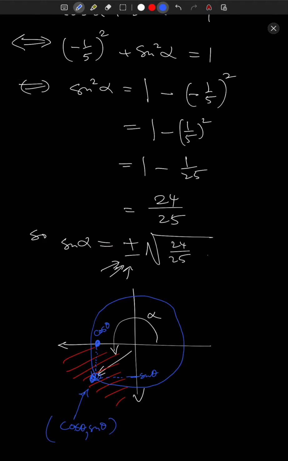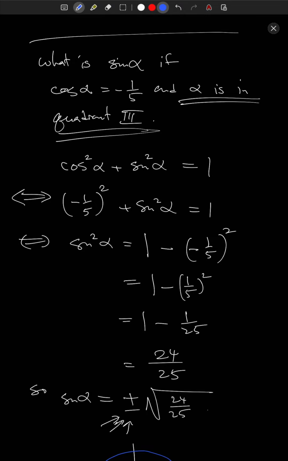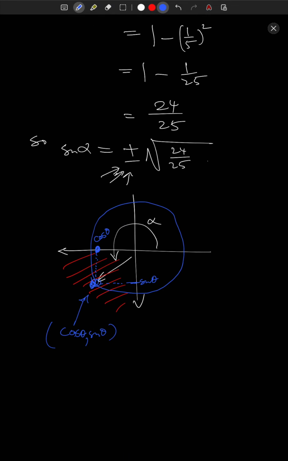By the way, we were told cosine alpha was minus 1/5, so I know this point right there is minus 1/5. In any case, sine of alpha is right there. It's below the x-axis, where these are the negative y values.